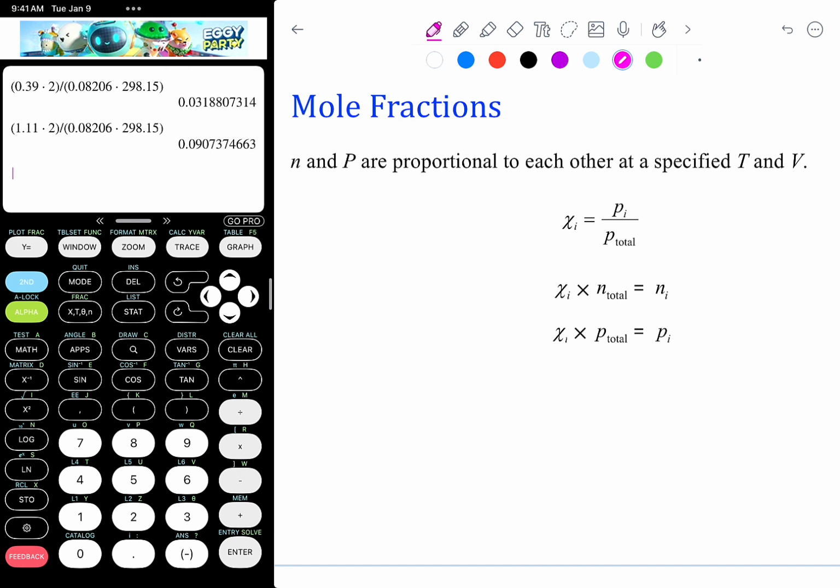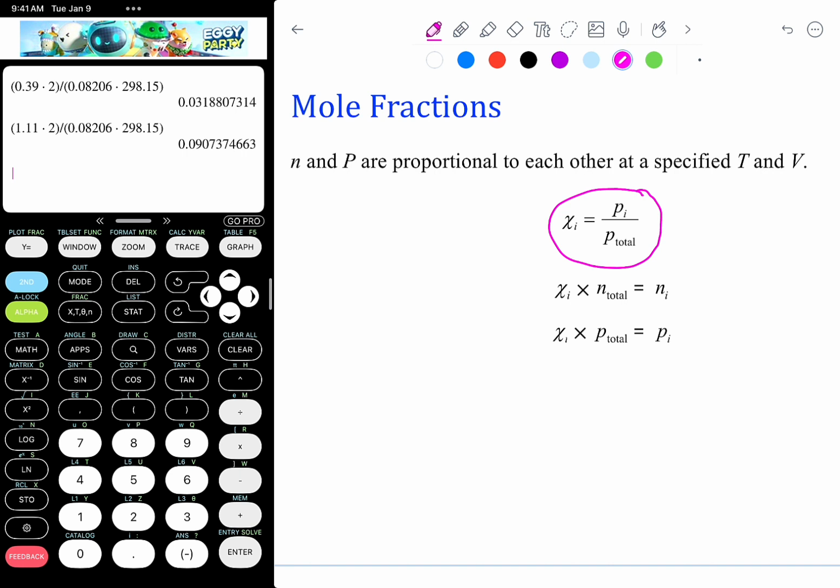So we could also have a pressure fraction. Here's our expression for mole fractions, but instead of n i and n total, we have P i and P total. So your pressures can have a fraction in the same way that the overall moles do.